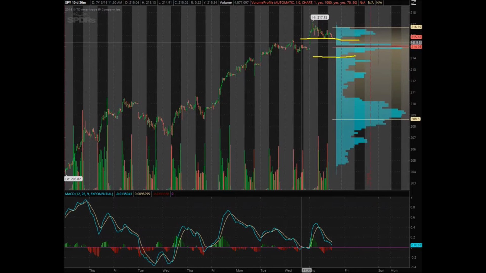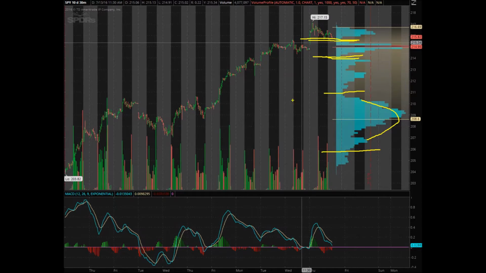You'll get another one here at 214 approximately. Sorry, this one is at 215 or 215.5 approximately. This one's at 214 approximately. This one here is the one at 211, which is the big one. And then you even get a nice bump down to about the 206 level where you'll see some support.